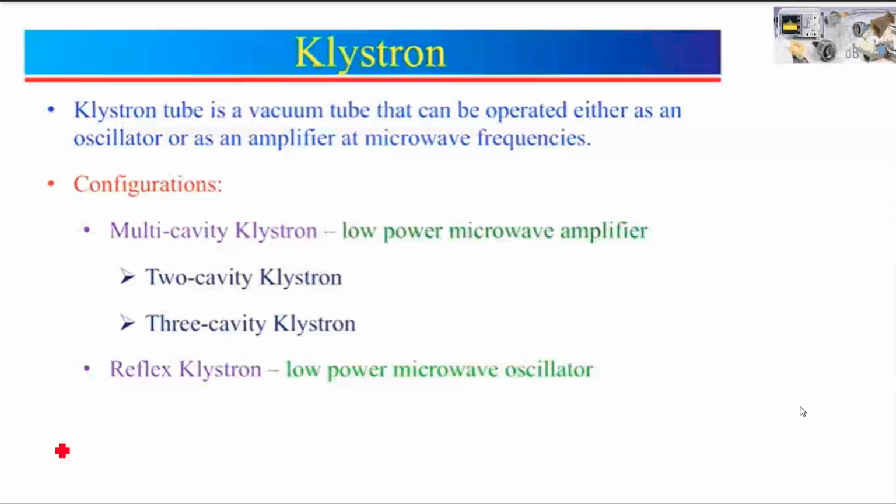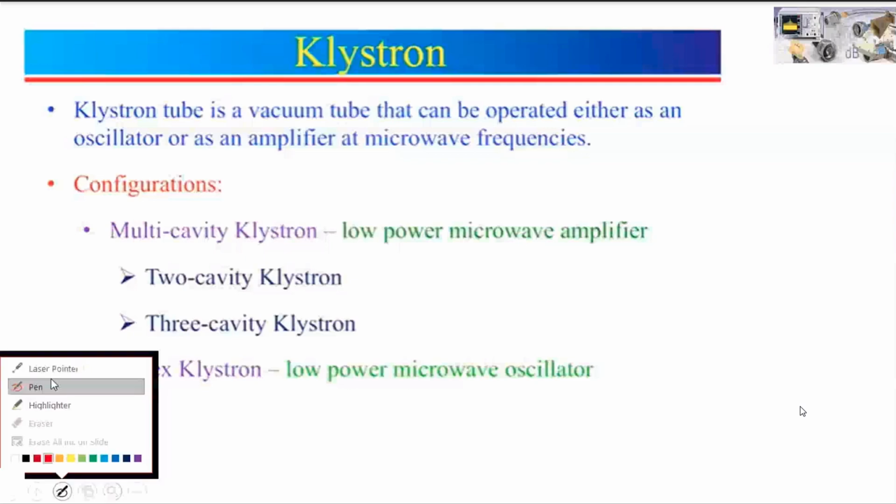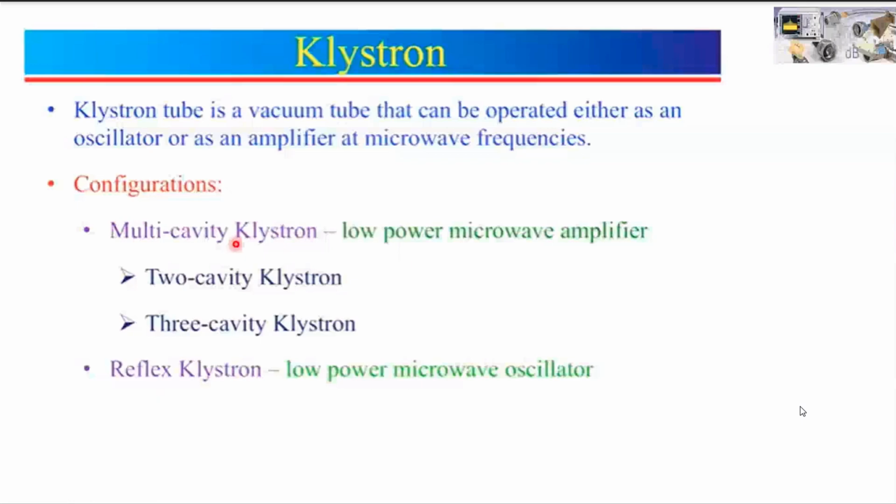So in klystron, there are two configurations. One is the low power amplifier, which is nothing but multi-cavity klystron, and another one is the low power oscillator, which is basically a reflex klystron.